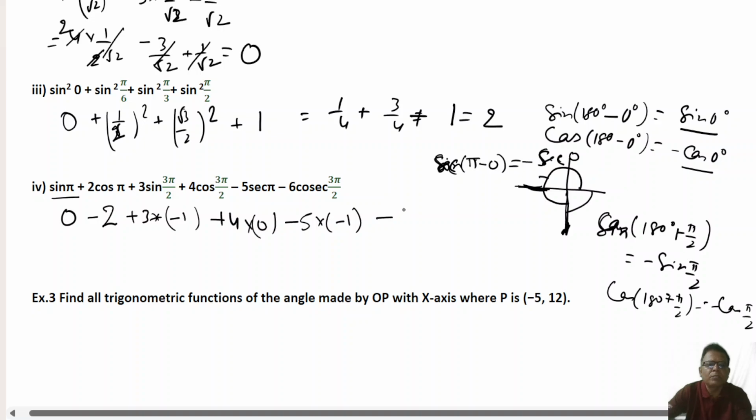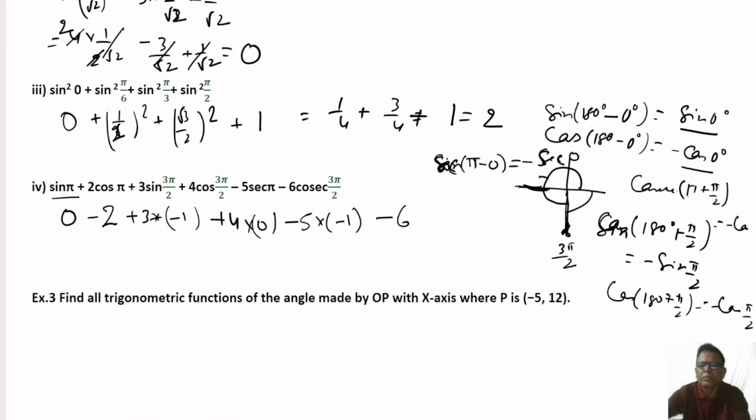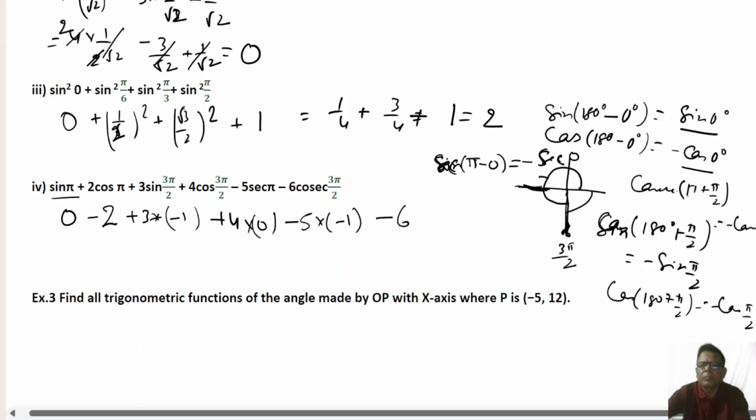Now come to this one, minus cosec 3 pi by 2. So cosec pi plus pi by 2 is equal to minus cosec pi by 2.